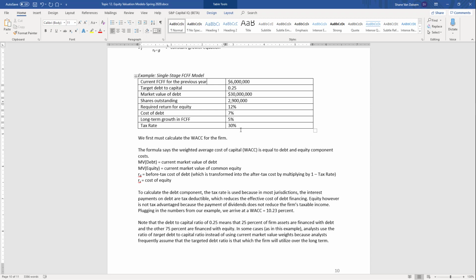And there's some research that supports the idea that firms have a target capital structure, or an optimal capital structure that they target. As time goes on, the firm won't automatically change their capital structure dramatically, but they'll move towards that optimal capital structure over time.